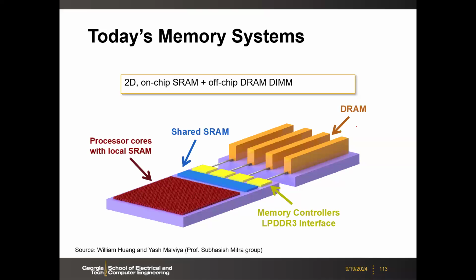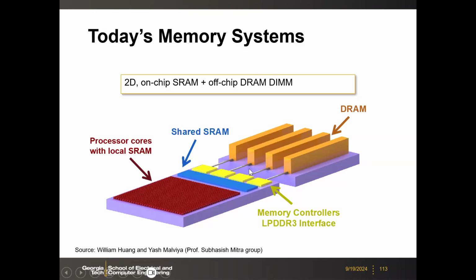Okay, so those are the advances from the packaging technology. And with those progresses, you can imagine the change in the memory subsystem. Today, we have the processor, the L3 cache, a controller, and then the DRAM.